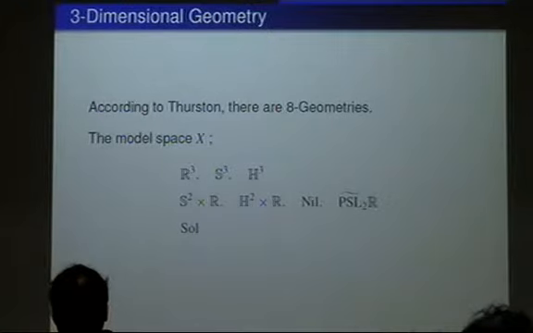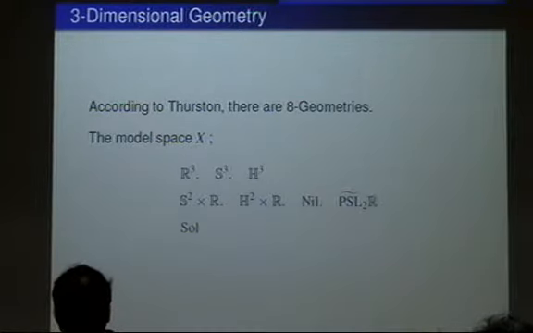The model spaces for the 8 geometries are, first of all, the space forms, which are R3 and S3 and H3, and next are the homogeneous 3-manifolds, and Sol is just a solvable 3-dimensional manifold.